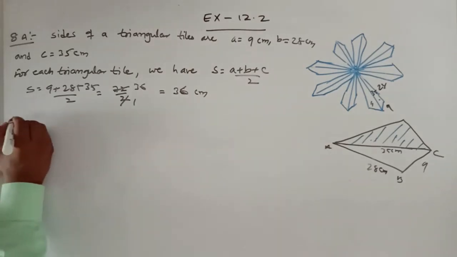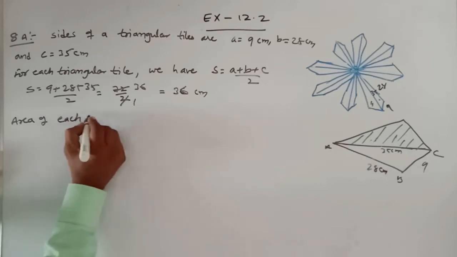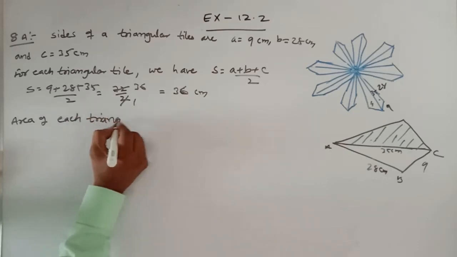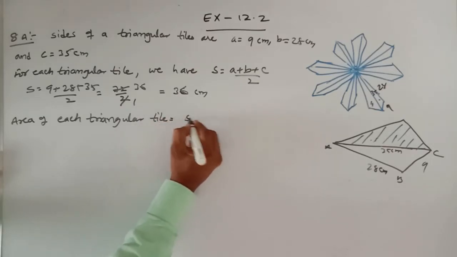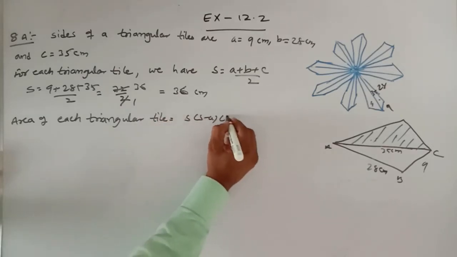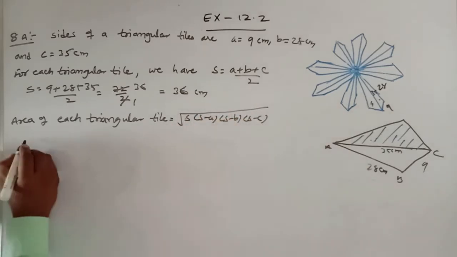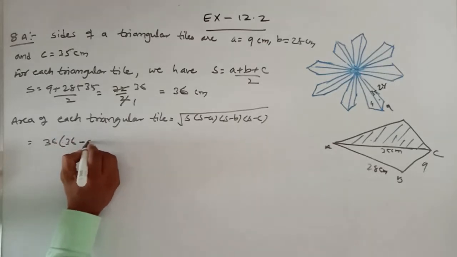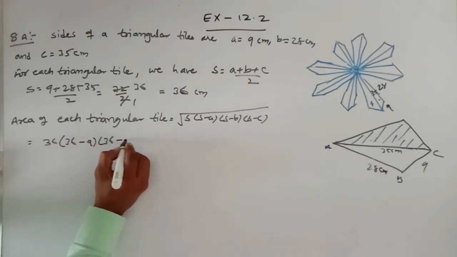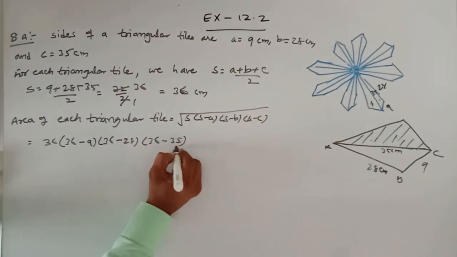Now I am going to calculate the area of each triangular tile by using Heron's formula. Area of each triangular tile is equal to under root of S into S minus A into S minus B into S minus C. That's equal to under root 36 into 36 minus 9 into 36 minus 28 into 36 minus 35.